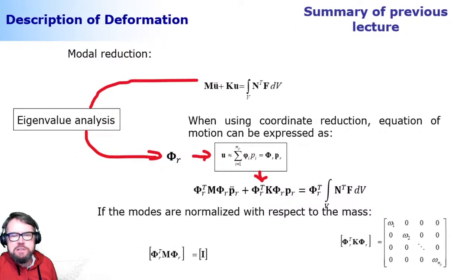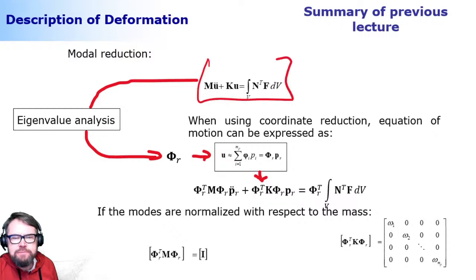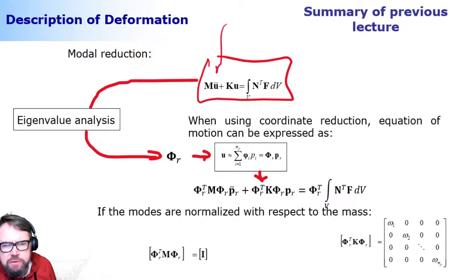Okay, so this is what I explained in my previous slide. Instead of simply solving this acceleration here, I'm going to use a trick. In my trick, I'm going to move from nodal degrees of freedom to modal degrees of freedom. And this is conceptually almost mind-blowing to think about.